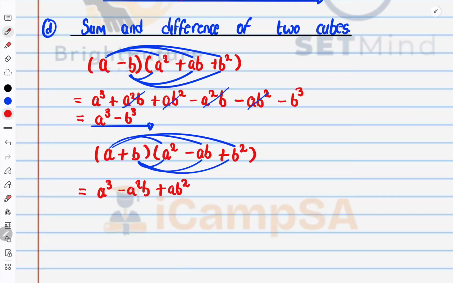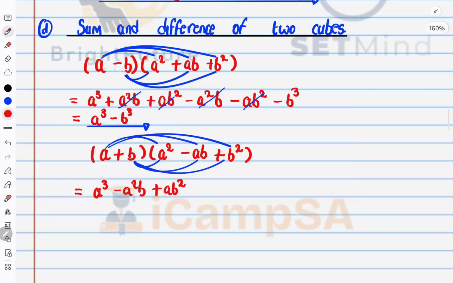B multiplied by a squared will be plus, it's a positive b, right? A squared multiplied by b minus ab squared plus b cubed.